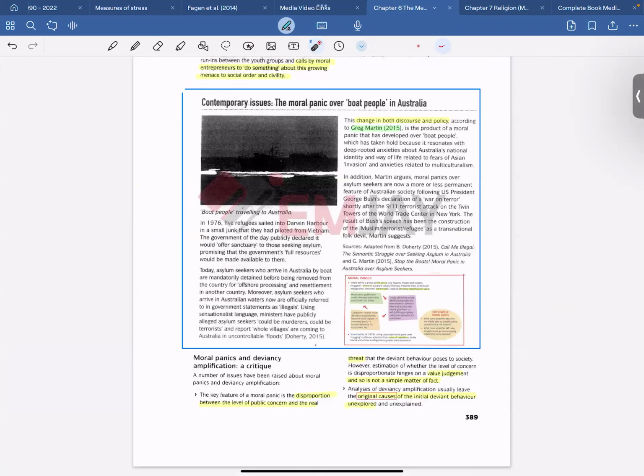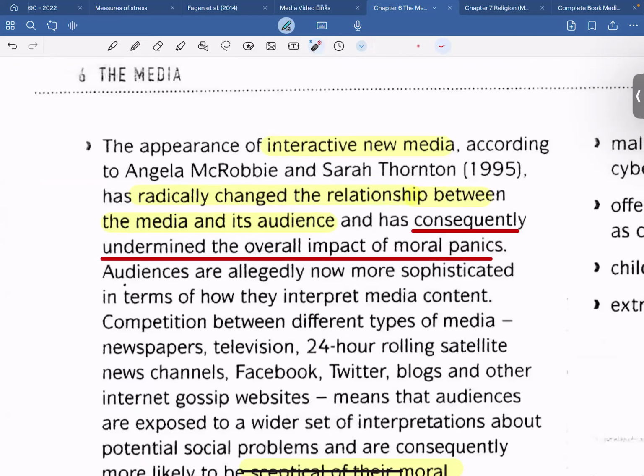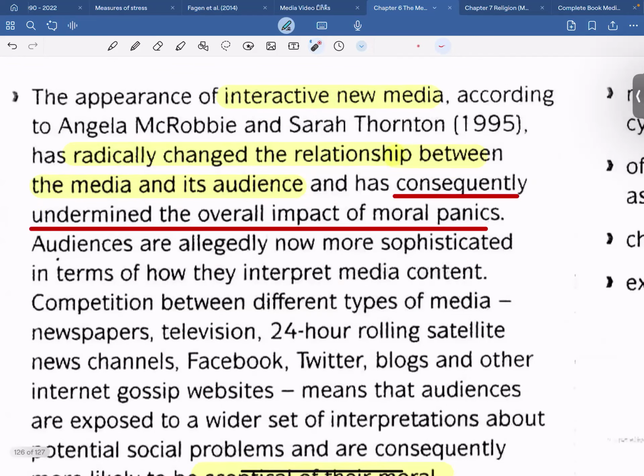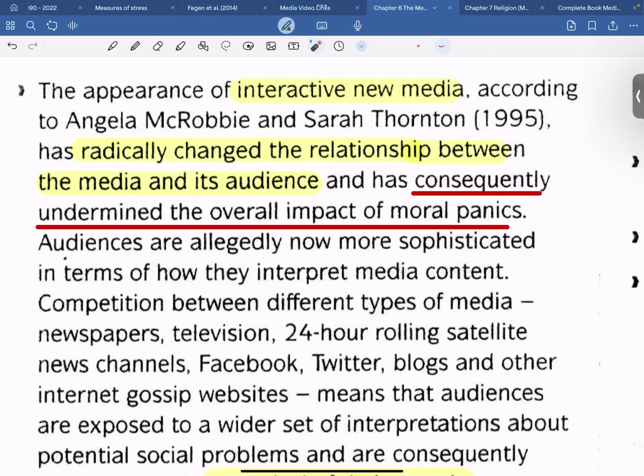Now, taking this further, since we're discussing all of this under the heading of a critique of moral panics and deviancy amplification, in this day and age there's the emergence, the popularity, the development of the new media, the internet, the way there's more two-way communication, where we had discussed earlier, the viewer is also a consumer. I'd given you an example of Instagram earlier.